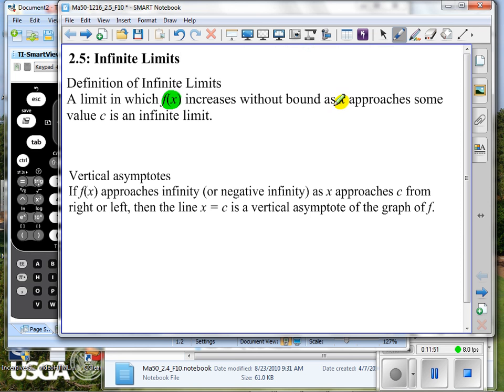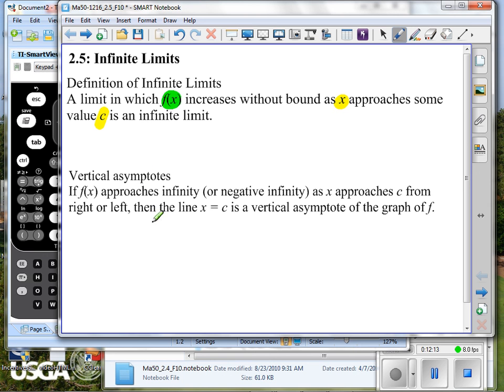Our inputs approach some value c. Is c an input or an output? A limit in which the output values increase without bound as the input approaches some value c. So c would again be an input value. Okay, we say that it has an infinite limit.